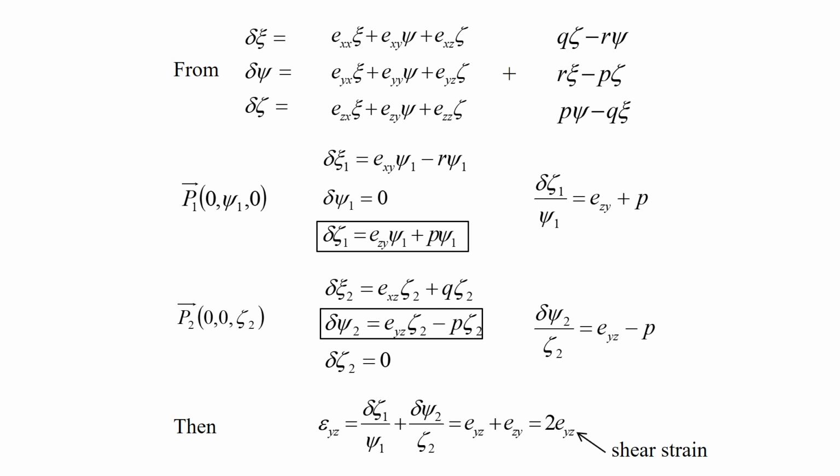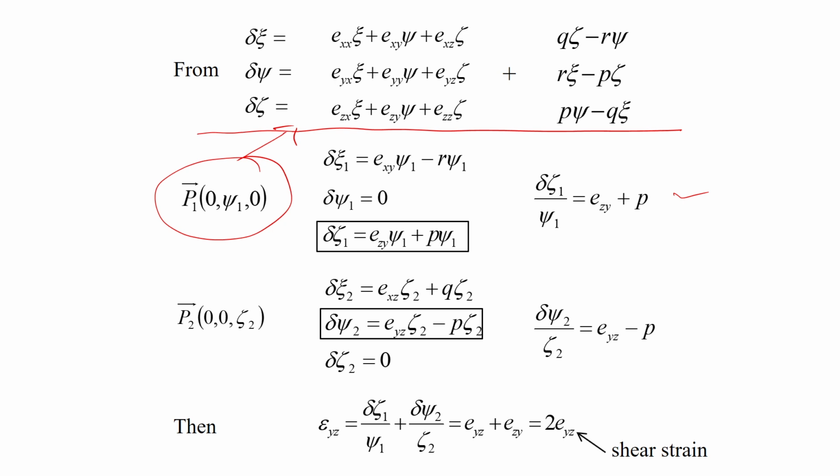So, from this equation we will get here that delta psi 1 is equal to 0 here and delta zeta 1 is equal to E zy psi 1 plus P psi 1. Okay. So, we are substituting for these vectors with these quantities 0 psi 1 and 0 in this equation. So, we will get this equation and you divide it by the psi 1 we will get this equation.